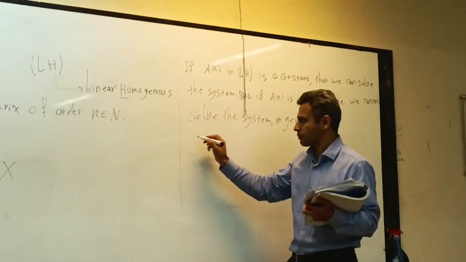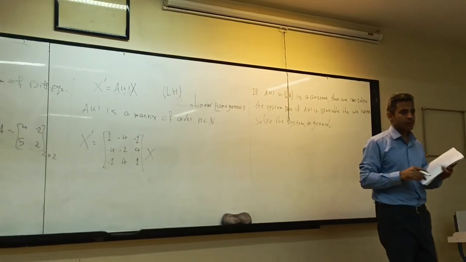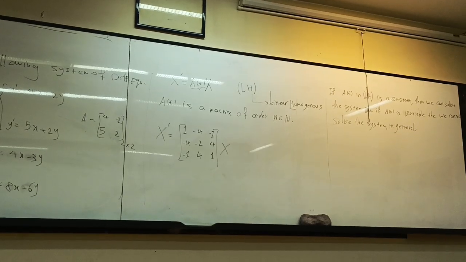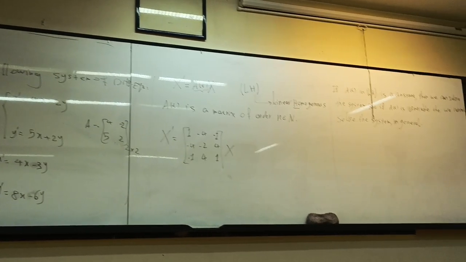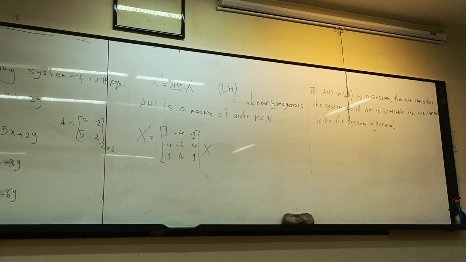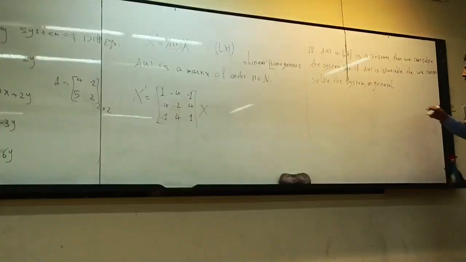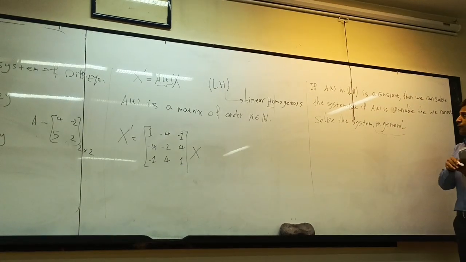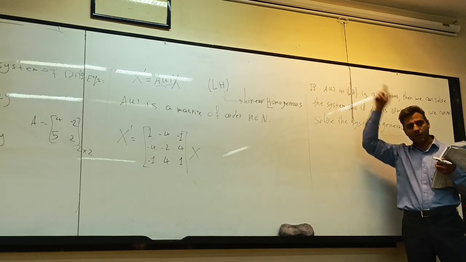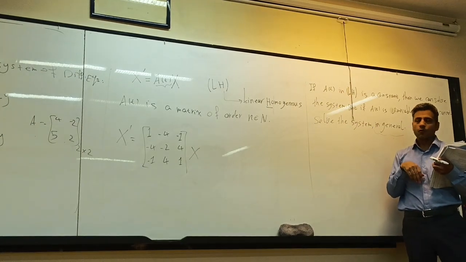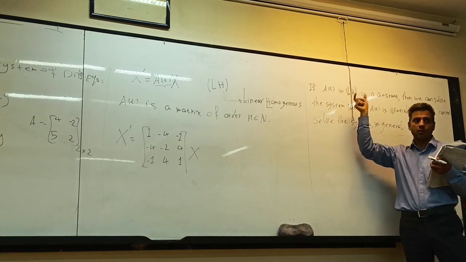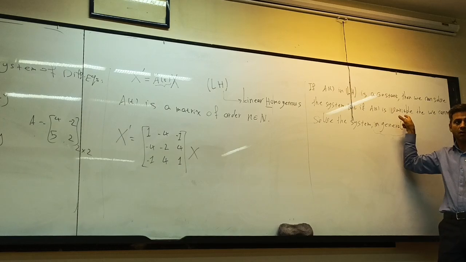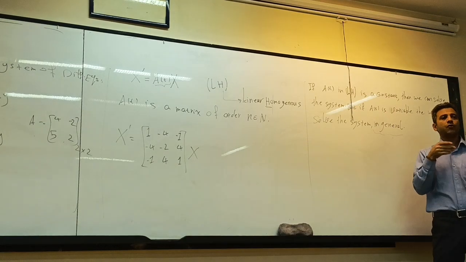Excuse me, Doctor. If A(t) is variable, then we can't solve the system? In general we cannot solve. For some A(t), yes, we can solve the system, constant. For some non-constant, variable A(t), we can solve the system.